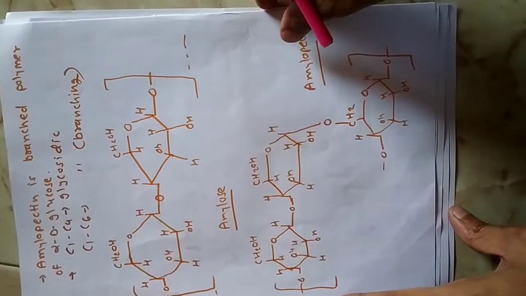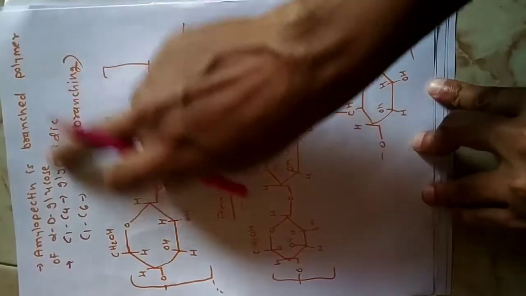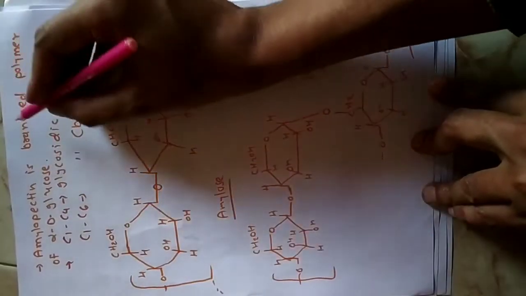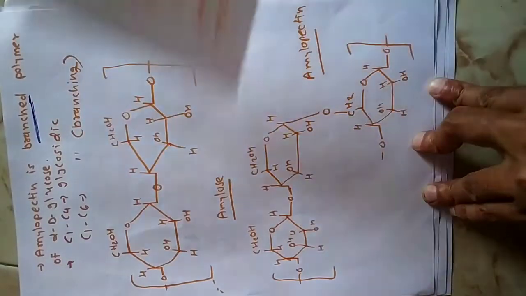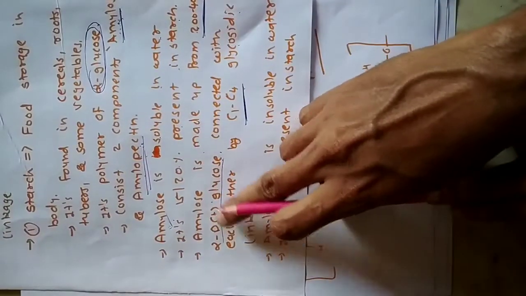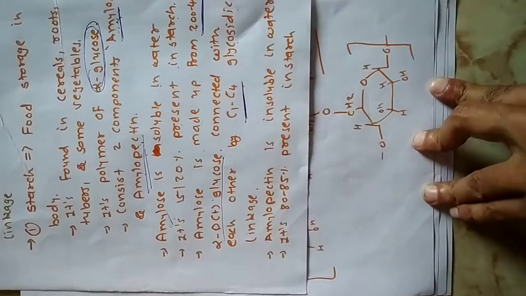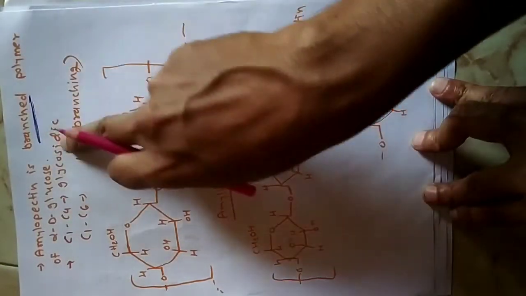In amylopectin, the alpha D plus glucose units are connected in a branched manner. Here in amylose, alpha D plus glucose units are connected with each other in a linear manner. But amylopectin has a branched structure.